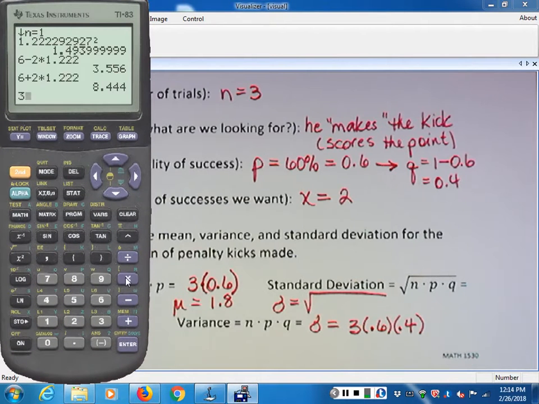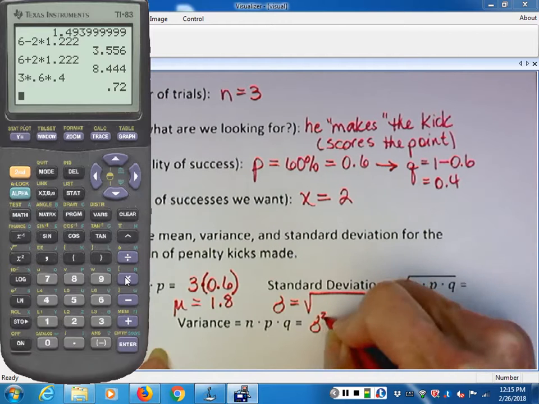Is that supposed to be in the box? Not, it will be, yes. I'm just going to calculate it first and then take the square root. Okay? So 3 times 0.6 times 0.4 is 0.72. And remember, that's the variance.